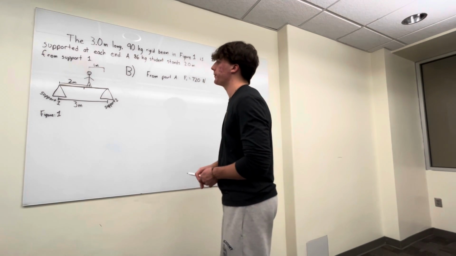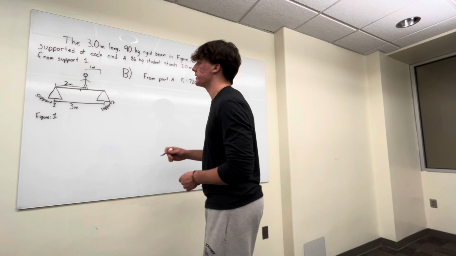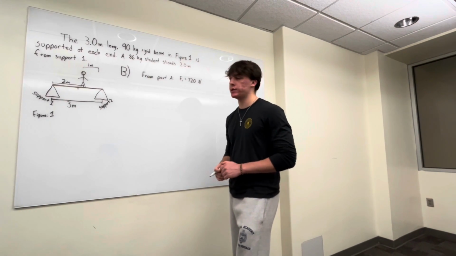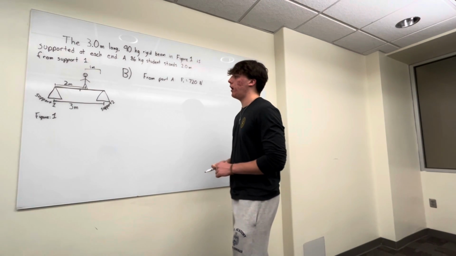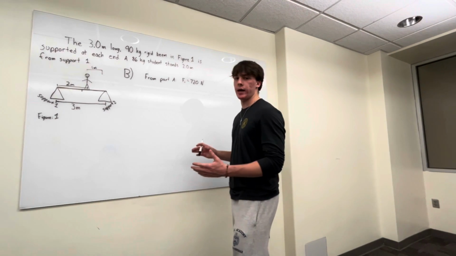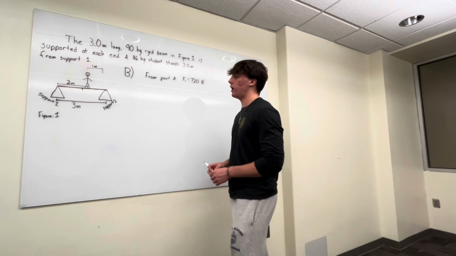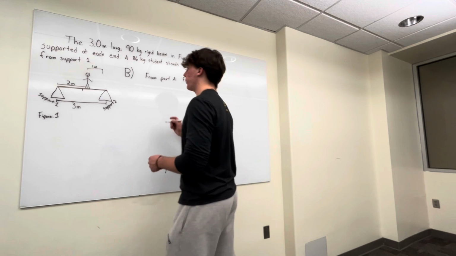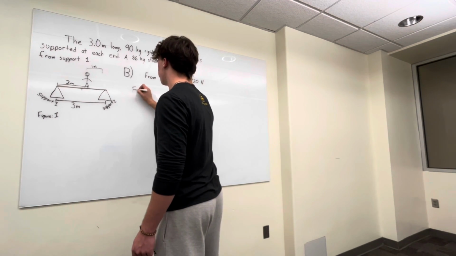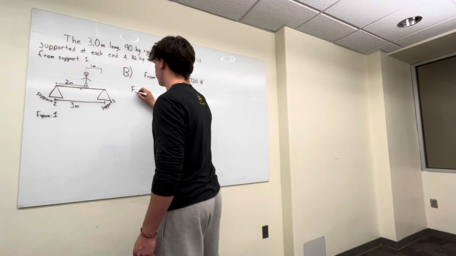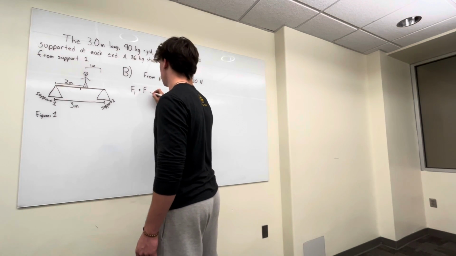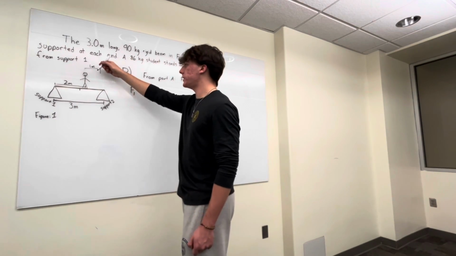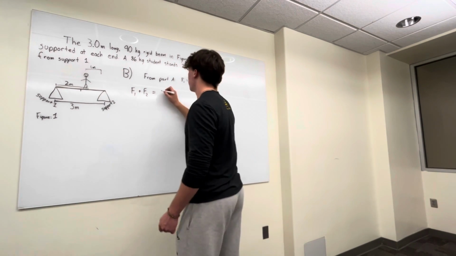The way that we're going to do this is similar to how we summed the counterclockwise and clockwise torques in part A. We are going to set each side equal to the upward and downward forces. So for this problem, that is going to be the force from support 1 plus the force from support 2, and that has to be equal to the force down from the person and down from the beam.